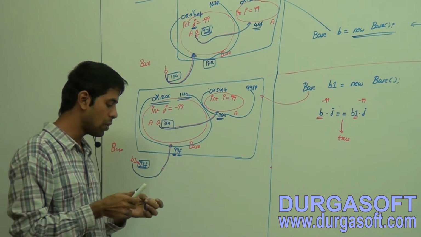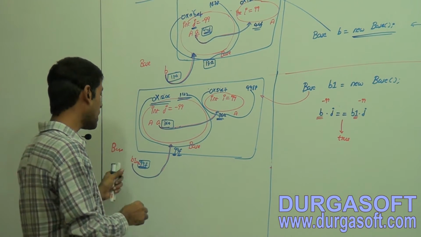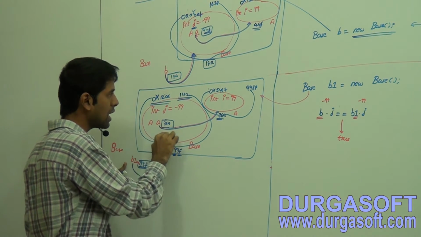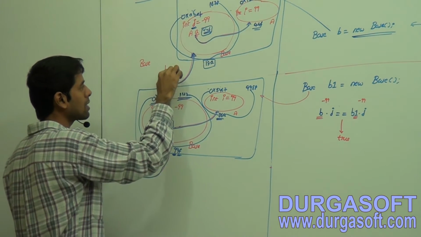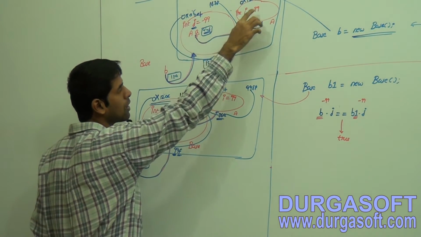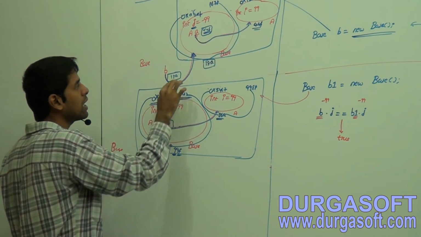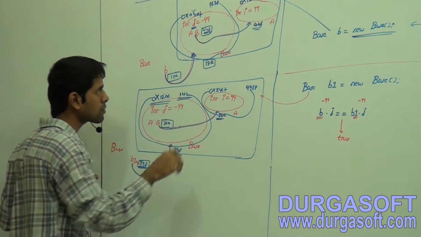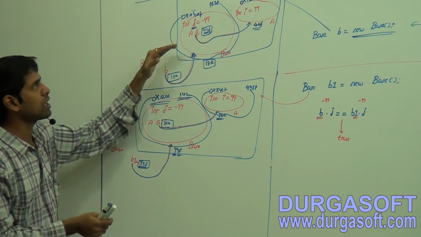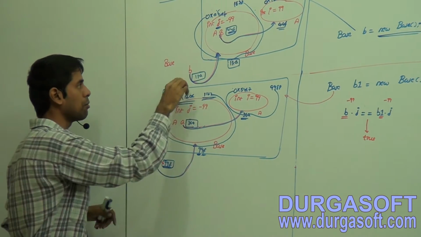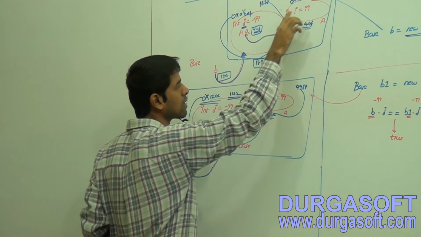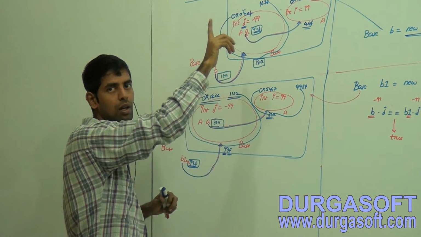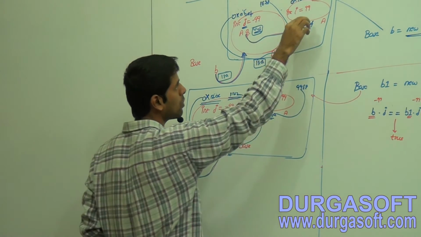What I am going to do is access the value referred by A in this object, and also the value referred by A in the other object. How to reach the i variable? Simple: b dot a dot i. So I will get the value as double line.